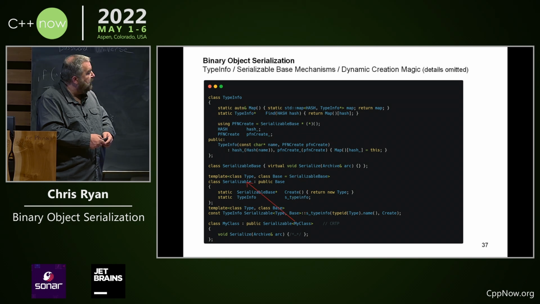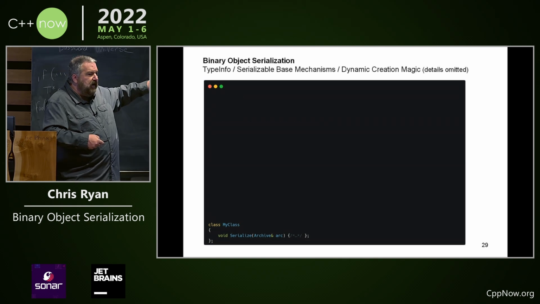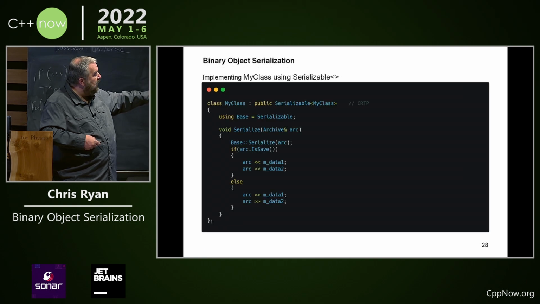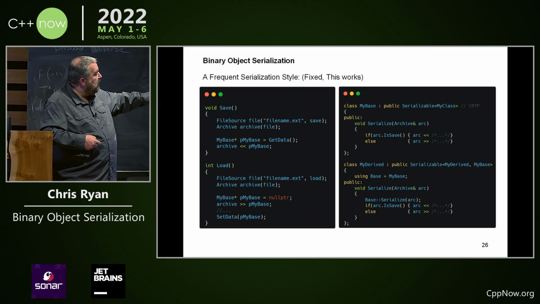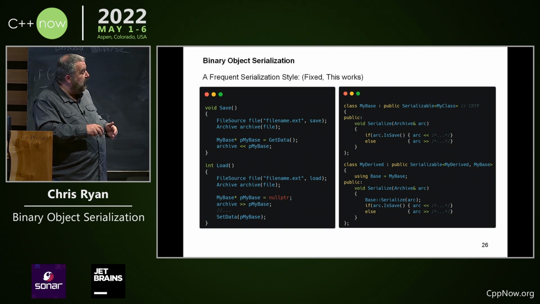I'm going backwards too far. I'm showing you the inside guts of this. People would not typically need to know that. The only thing that they need to know to do this, in a multi-layer inheritance, is each class has to have its own serialize, and each class has to derive from the CRTP serializable.